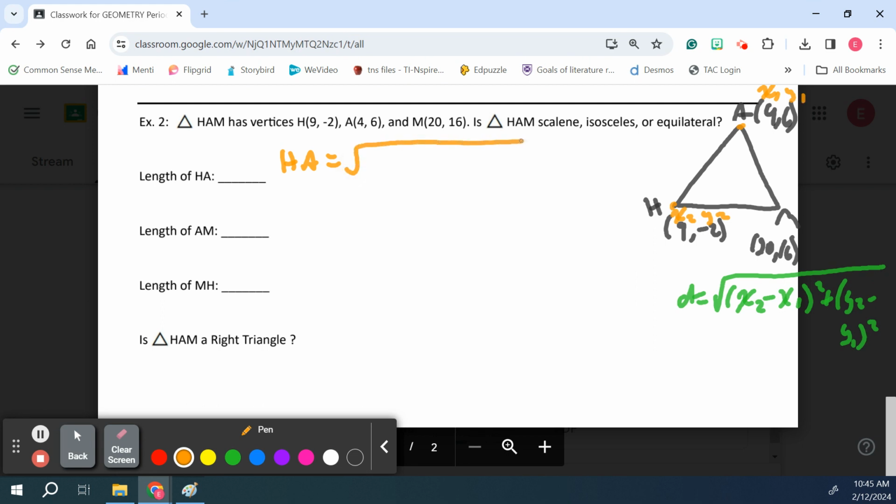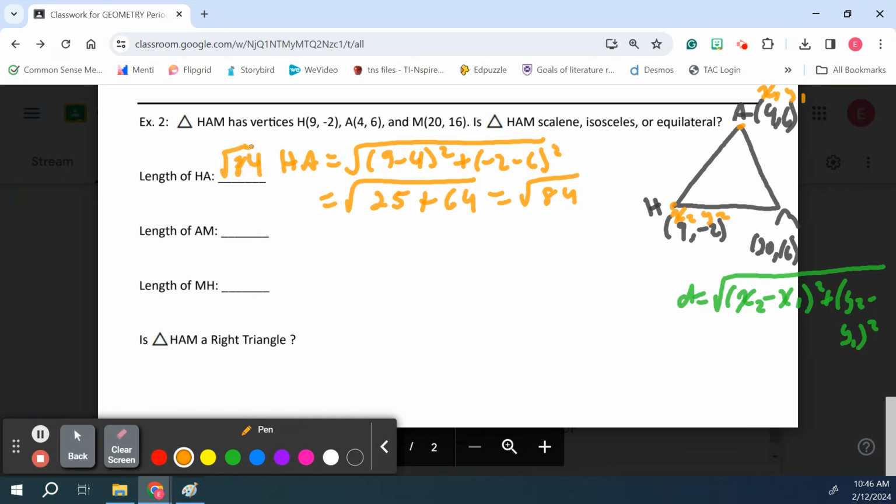So this is going to be the square root of (9 minus 4) squared plus (negative 2 minus 6) squared. So this is 5, this is 8. That's going to leave me with 25 plus 64. So here I have the square root of 89. So there it is. Square root of 89 is my first length.